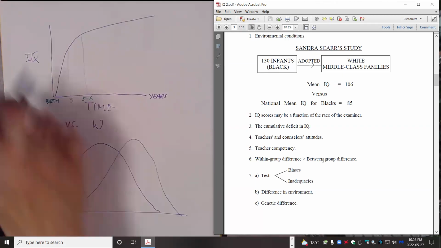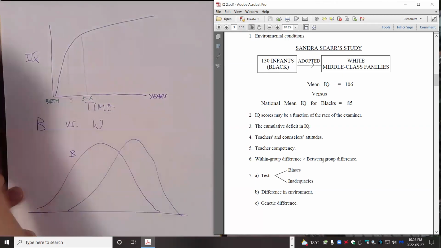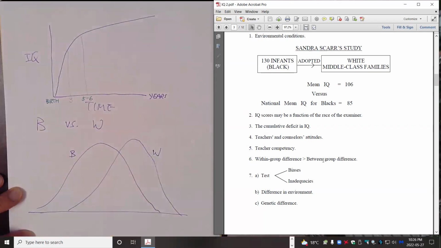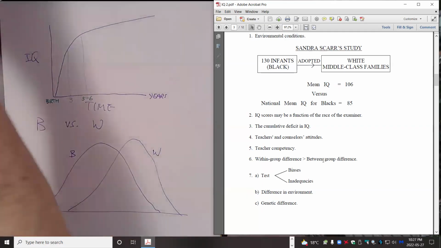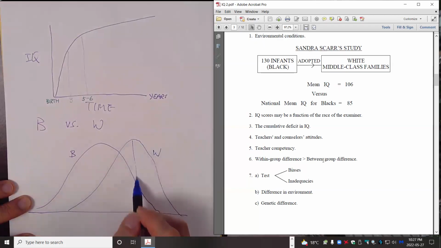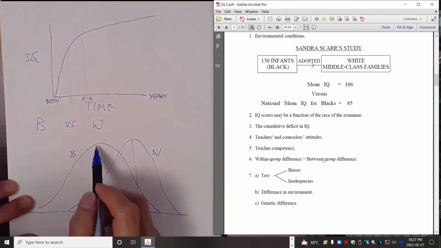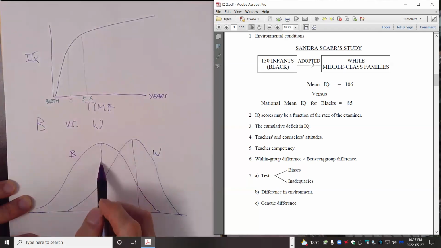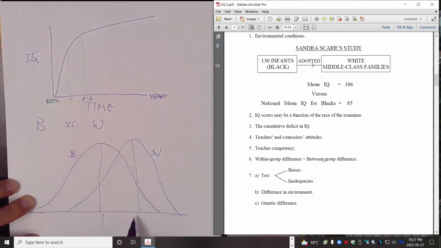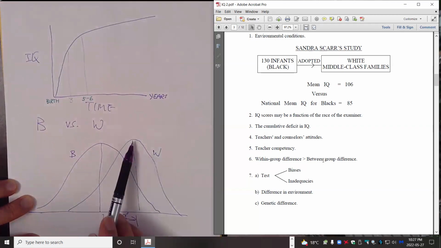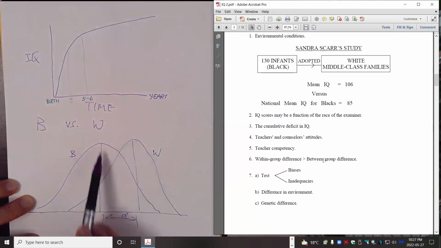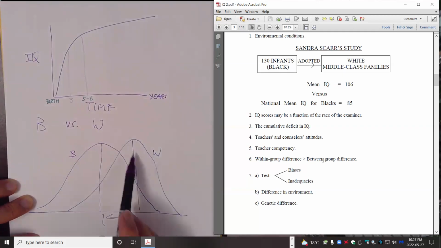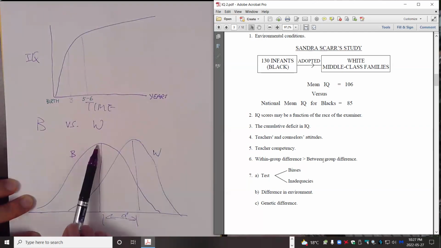Okay, let's say this is black, this is white. Now B is the difference between the mean IQ of white and mean IQ of black, or the mean achievement score of white and mean achievement score of black.